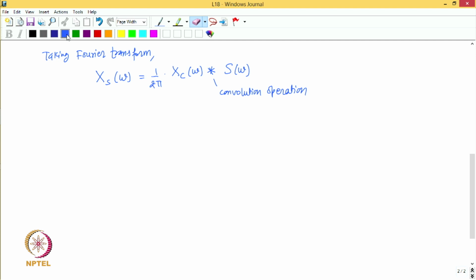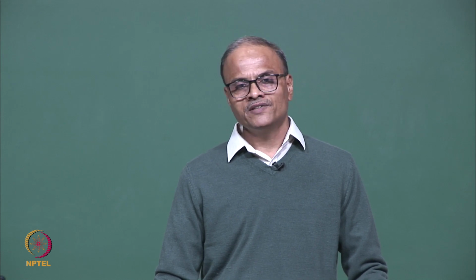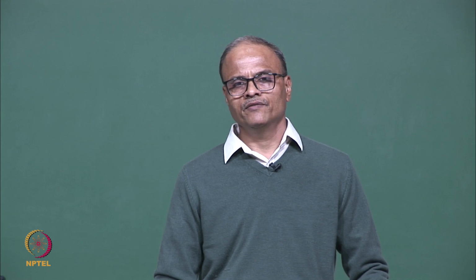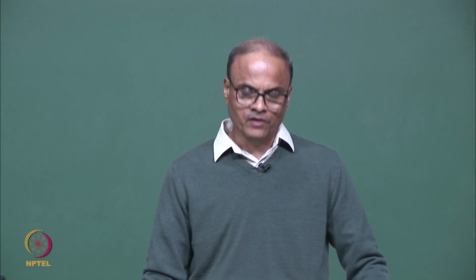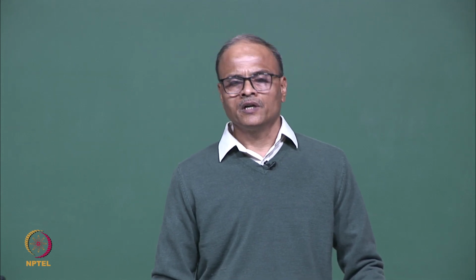So, to obtain X_s(omega), the Fourier transform of the sampled signal, we need to first of all find the Fourier transform of the signal s(t), which is the train of unit impulses, and after that we need to take its convolution with X_c(omega), the Fourier transform of the continuous signal.